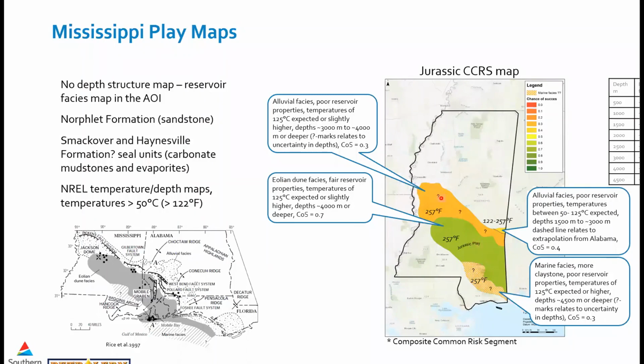When we look at the facies, we can see that what we have assigned a green color here and a 0.7 chance of success is because we have Aeolian dune facies. It has fair reservoir properties and good temperatures, 125 degrees Celsius or slightly higher, but a depth of 4,000 meters or deeper.